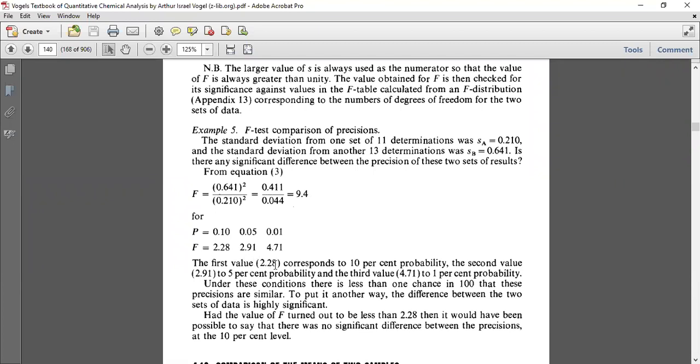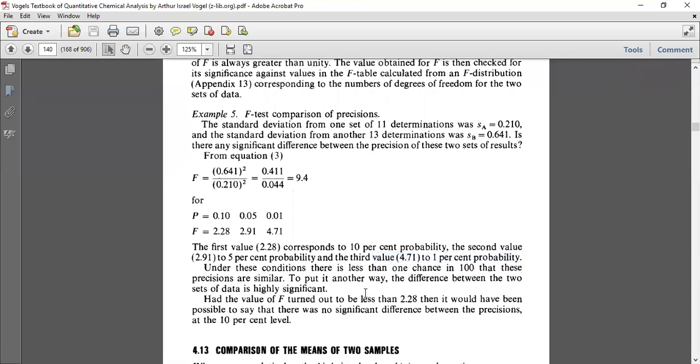The first value 2.28 corresponds to 10% probability, the second value corresponds to 5% probability, and the third value corresponds to 1% probability. So under these conditions, there is a less than 1 chance in 100 that these precisions are similar. To put it another way, we can mention the difference between the two sets of data is highly significant.